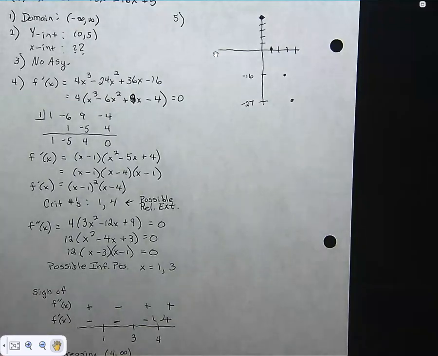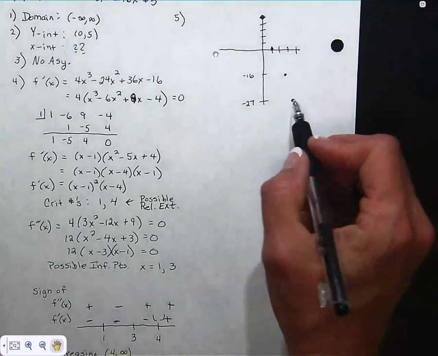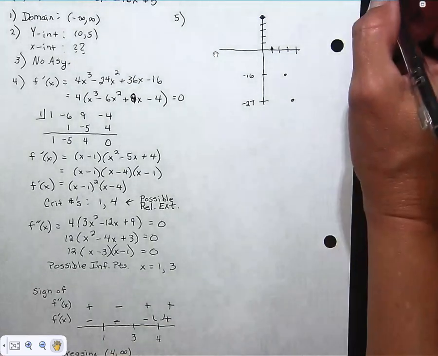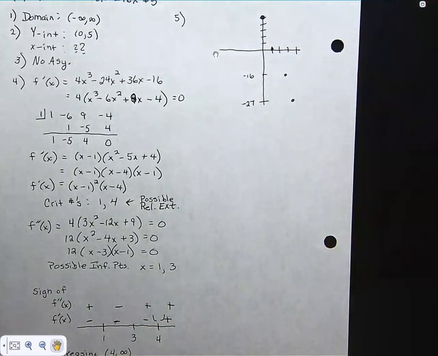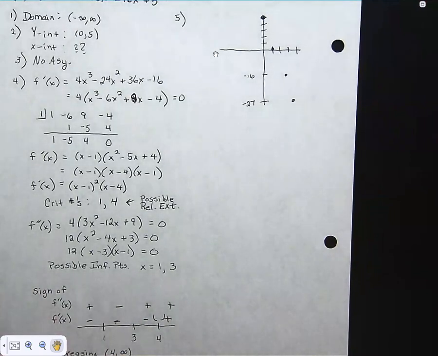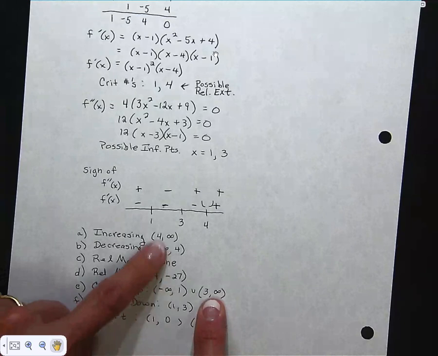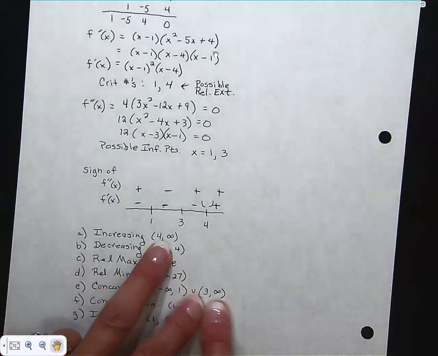It's increasing from 4 to infinity. And let me check something else. It's concave. The concavity is the part that it's hard for me to work in. It's concave up from 3 to infinity and increasing from 4 to infinity.